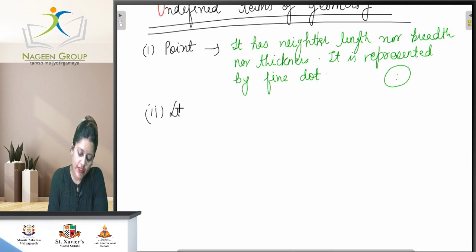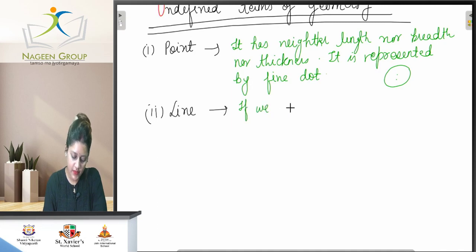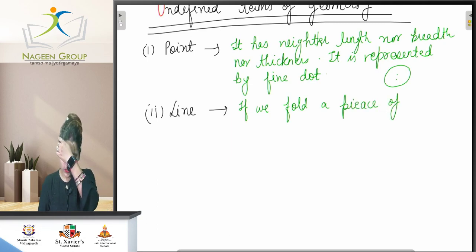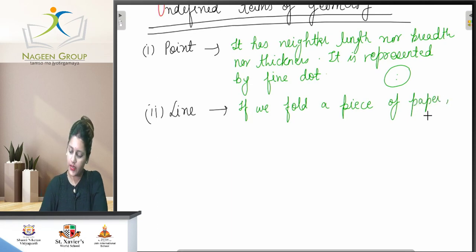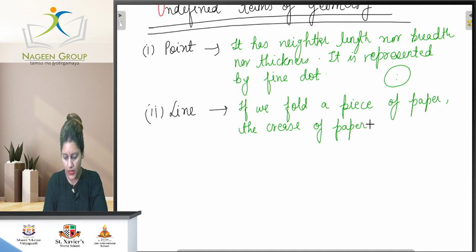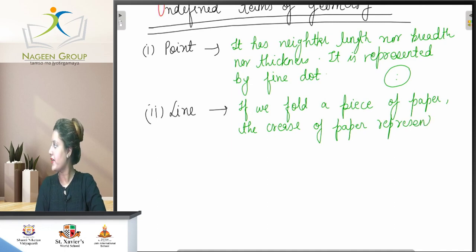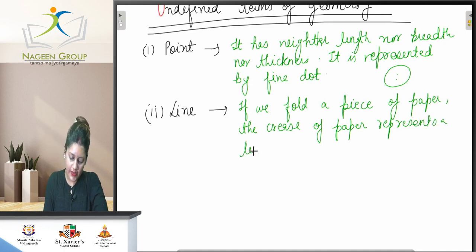Now, second point, what is a line? If we fold a piece of paper, the crease, the corner of the paper, represents a line.